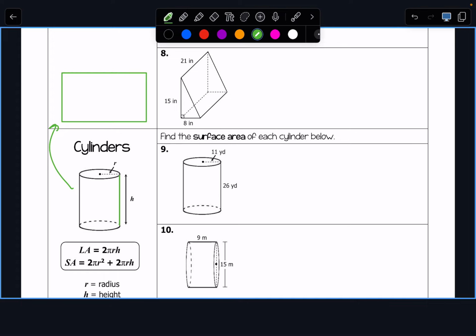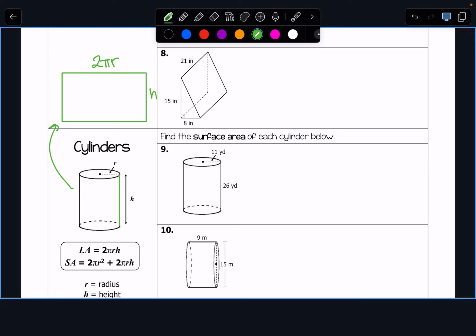Now, I know that if this is the height, then this would be the height, right? But if I talk about the length of my rectangle, it's coming from the circumference, and we find circumference by 2 pi r.